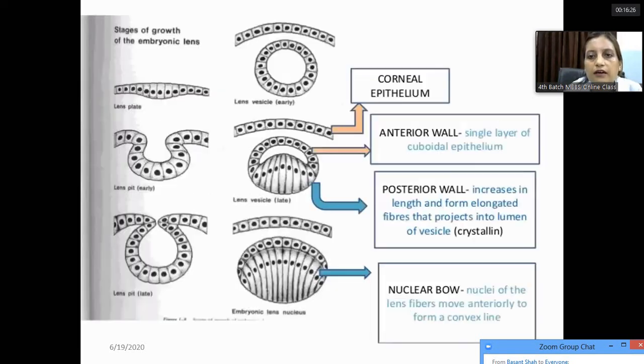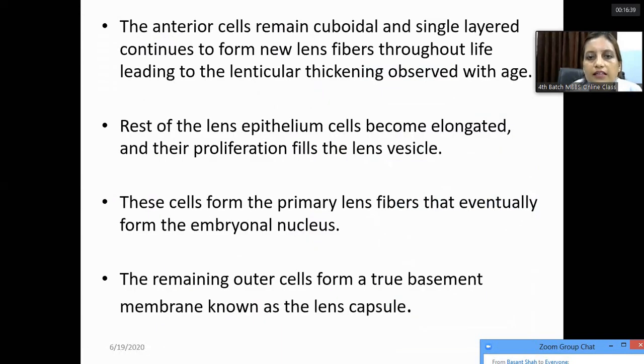These elongated cells become the posterior layer, and the vesicle gradually becomes small and this space is filled. These cells form the primary lens fibers that eventually form the embryonal nucleus, and the remaining outer cells form the basement membrane known as the lens capsule.